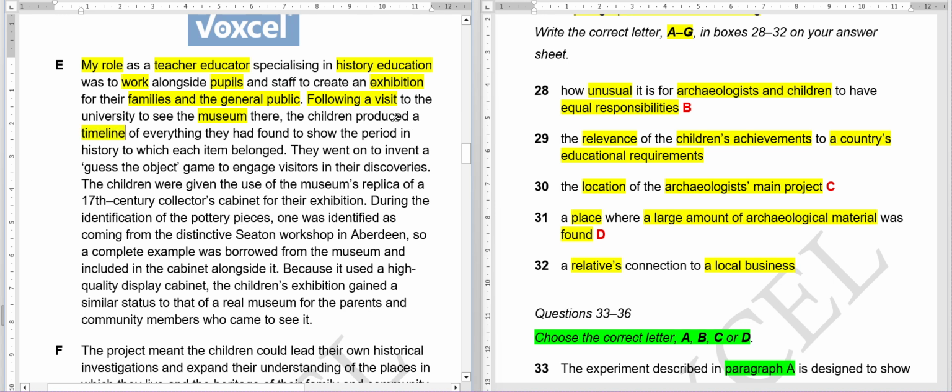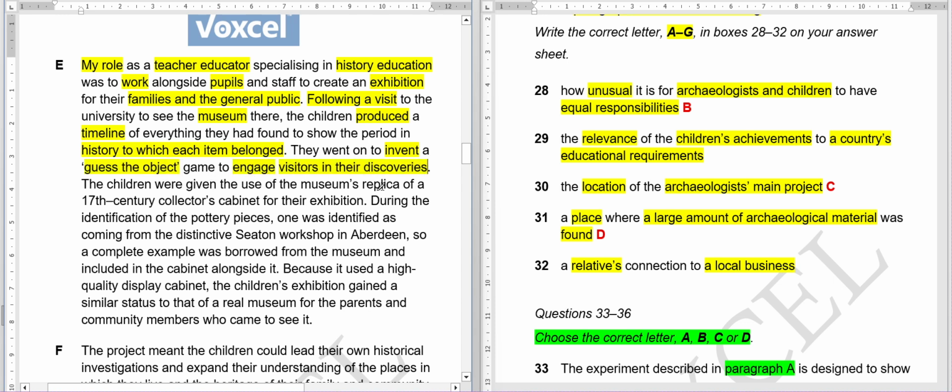They marked their objects according to the time period, so that they can show what particular object was present in what particular year or time period. They went on to invent a guess the object game to engage visitors in their discoveries. Then they invented a game called Guess the Object so that they can engage visitors in their discovery.